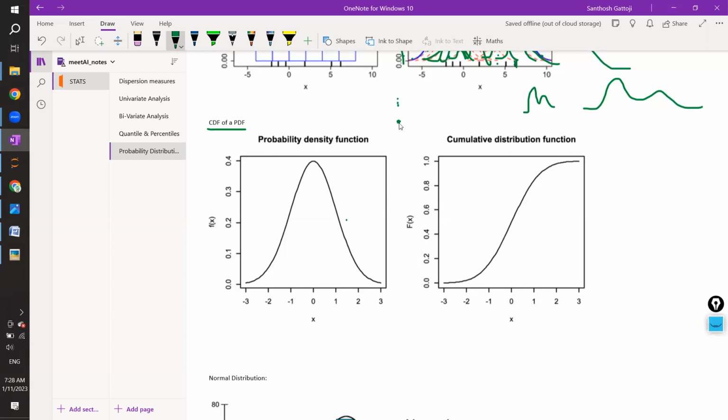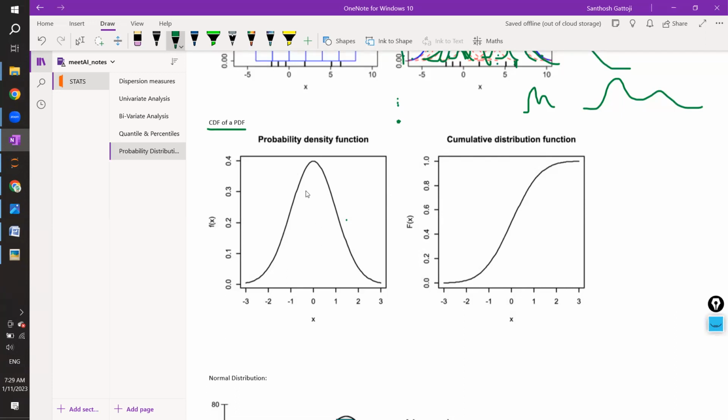When we say area, it is giving the probability density, right? Whereas in the cumulative, it will tell you the value less than or equal to the given value.